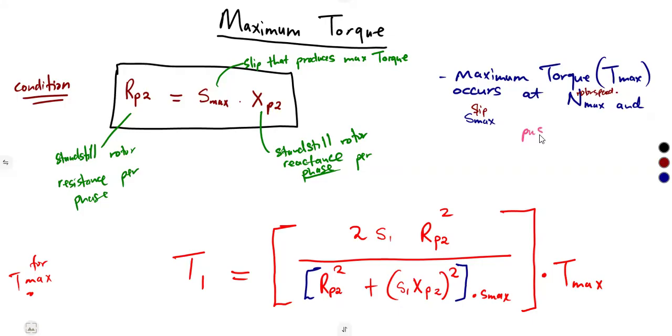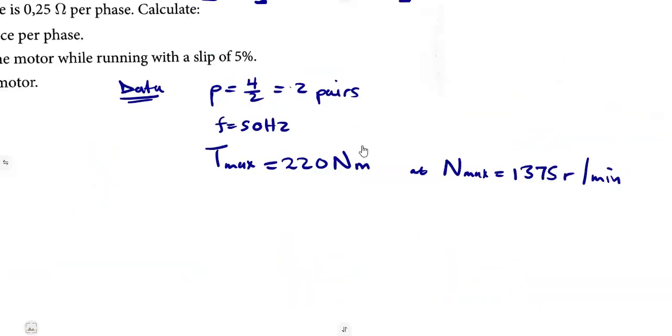Per unit slip is NS minus N over NS. So when it is maximum, this is NS, and N is the actual speed of the rotor at maximum torque. So it's going to affect your formulas. That's why you need to consider that when you are taking your values.